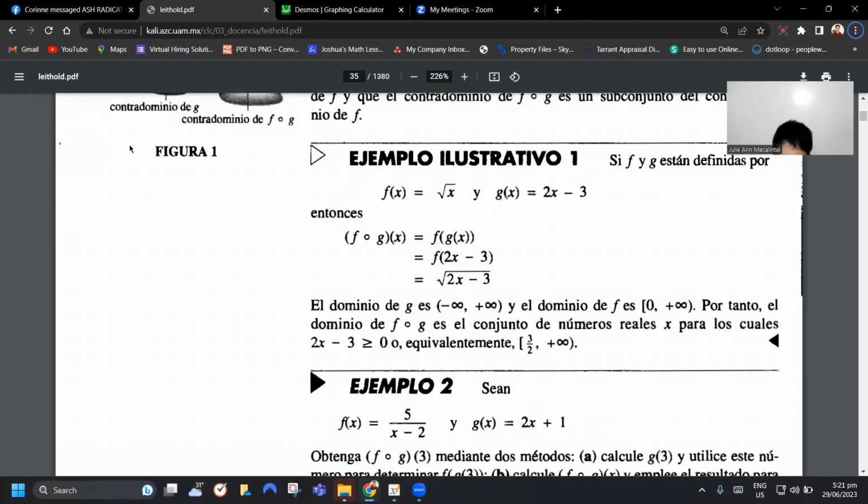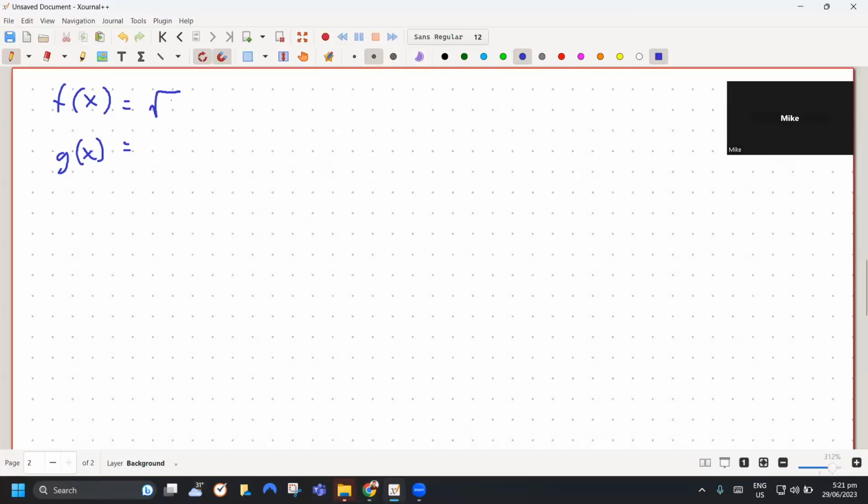Okay, so f circle g is the square root of 2x minus 3. So what is g circle f?